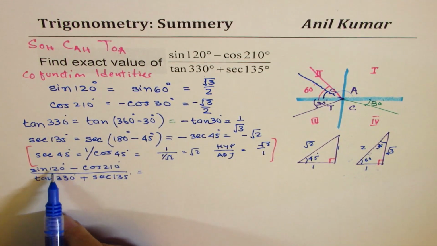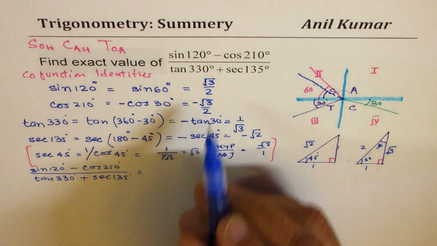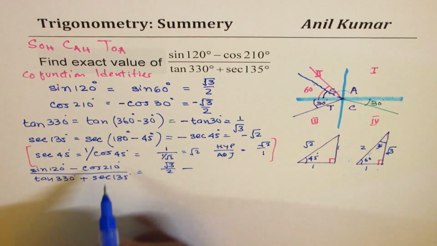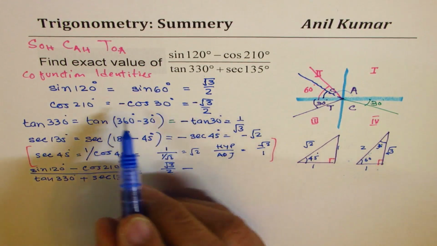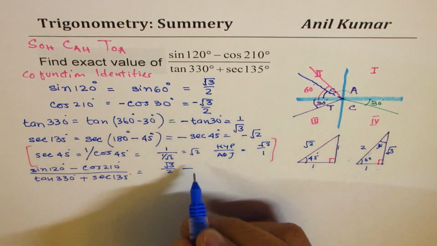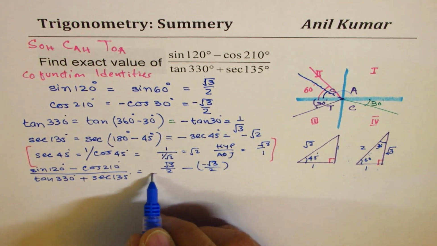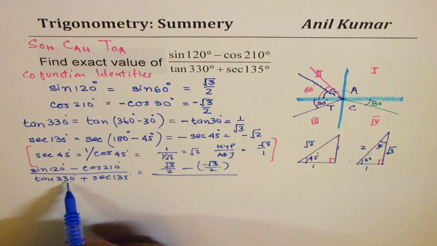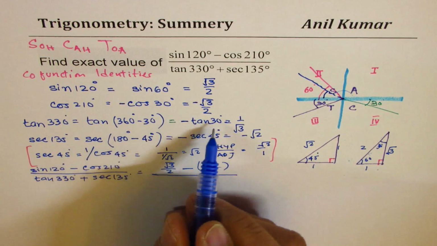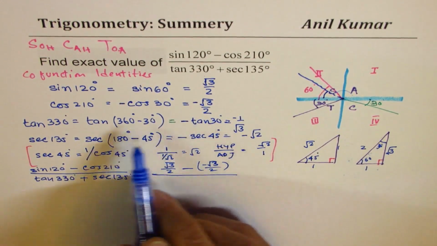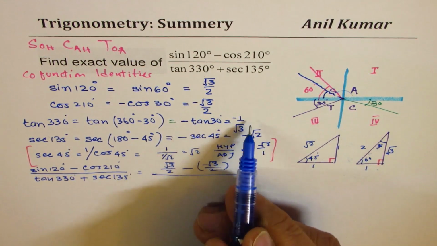Sine 120 degrees, quadrant 2 is positive, square root 3 over 2, minus cos of 210 degrees, quadrant 3 negative, negative square root 3 over 2, divided by tan of 330 degrees, which is right there as, I forgot to write minus. Since you are in quadrant 4, tan has to be negative.